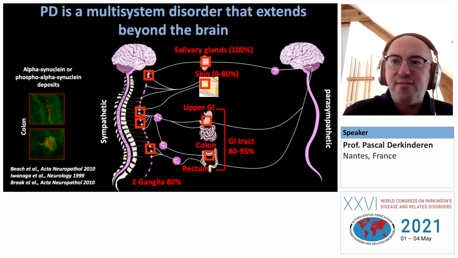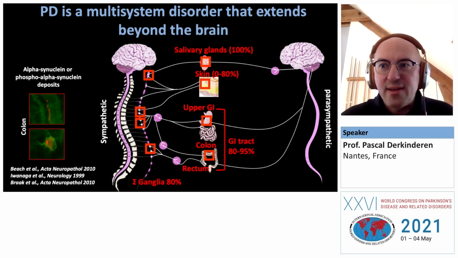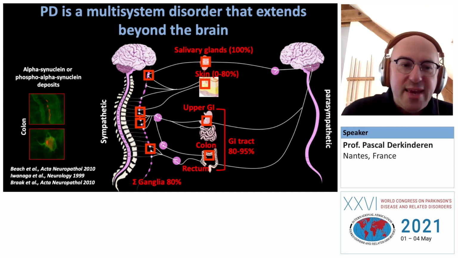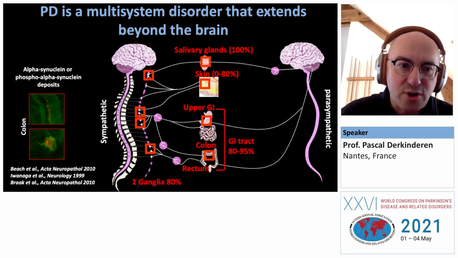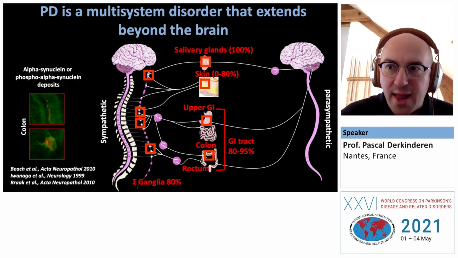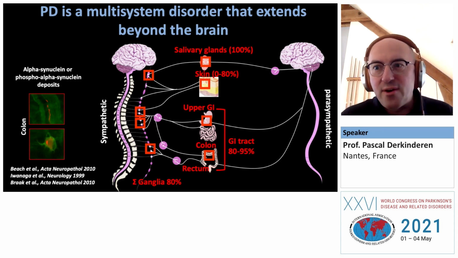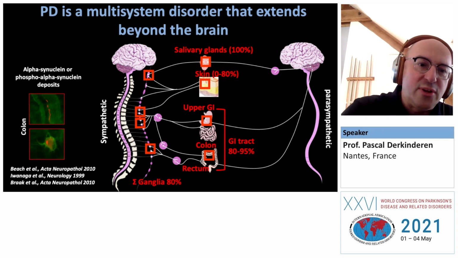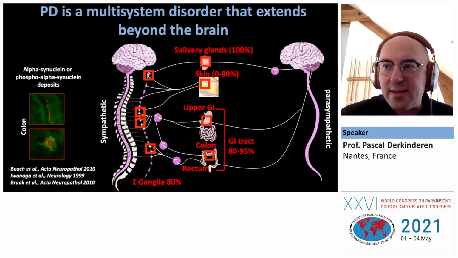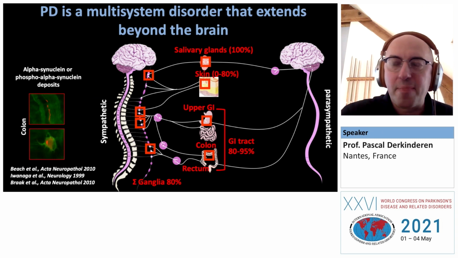On the left part of this slide, you see, for example, PASH deposits in the colon of a PD subject. That's a picture taken from our lab, with a Lewy body-like aspect on the lower panel and a Lewy neurite-like aspect in the upper panel.